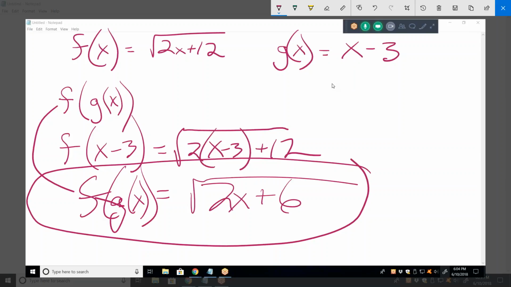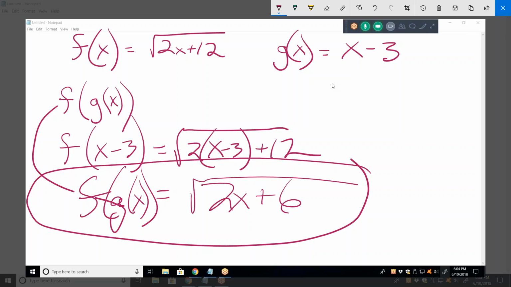So lastly, I just need the domain. What is the domain on our composite function? How do I get it? What I've circled is the composite function, square root of 2x plus 6. How do I figure out the domain from this?